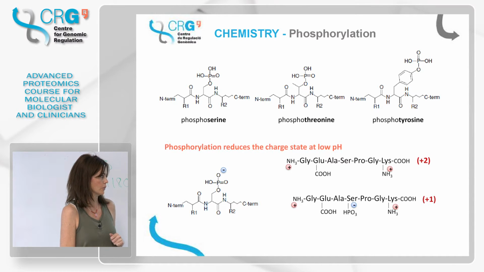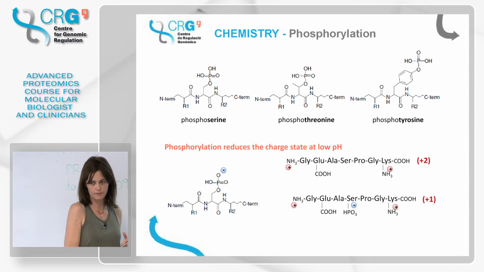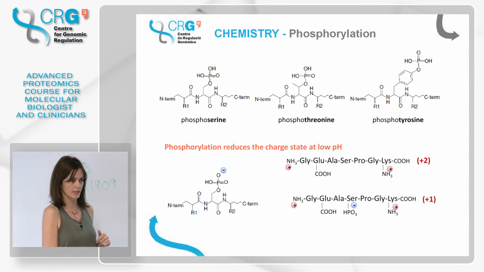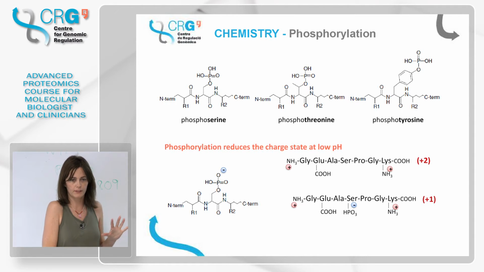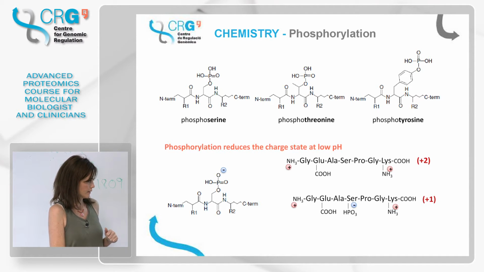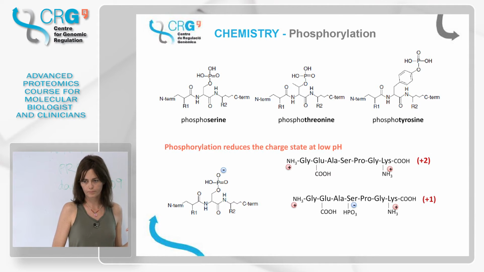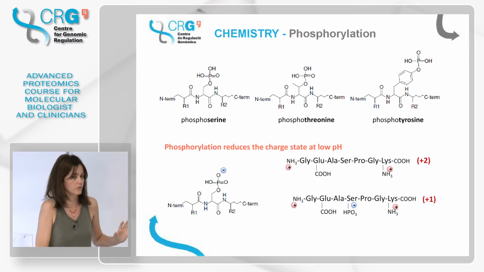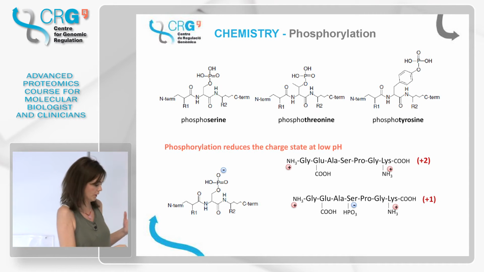In the lysine or arginine, assuming that we are working with tryptic peptides, we will always have a positive charge here, and another one in the N-terminus. Here is a glutamic acid, for example, that doesn't have any charge, in principle, in these pH conditions. And when this serine gets phosphorylated, the total charge of the peptide gets reduced by 1. This sometimes helps us or not, but we need to know this.